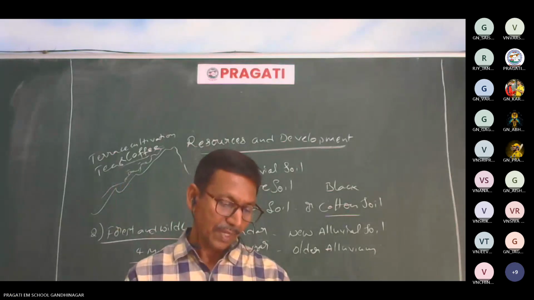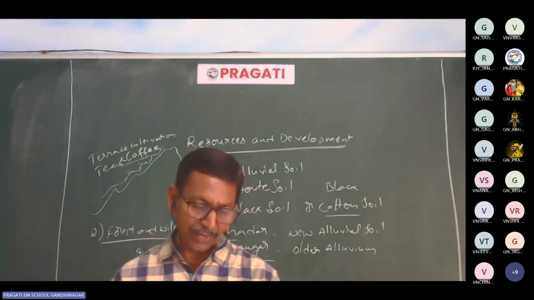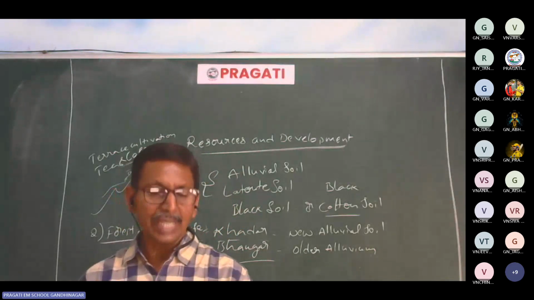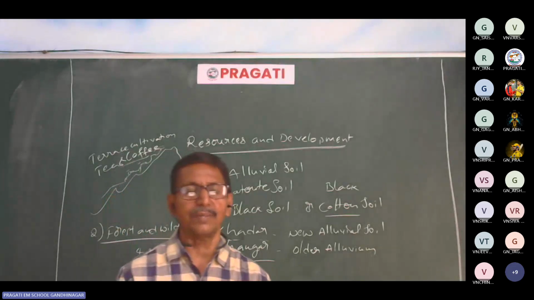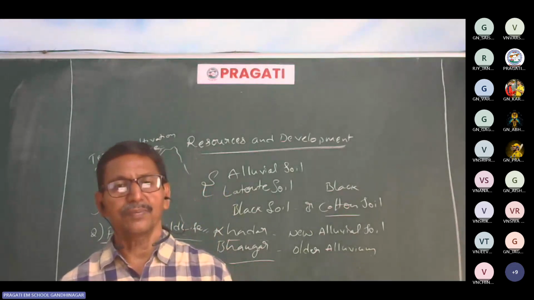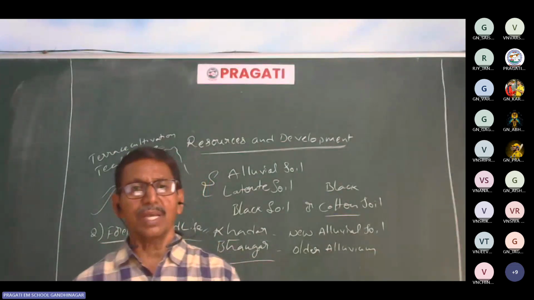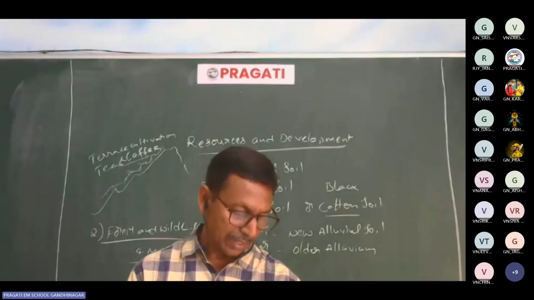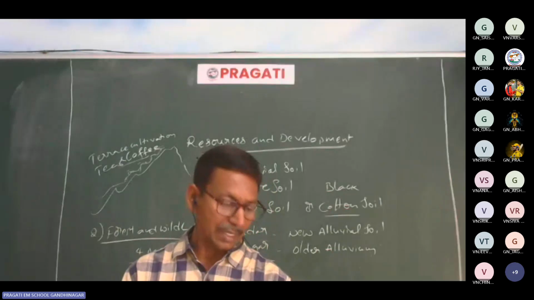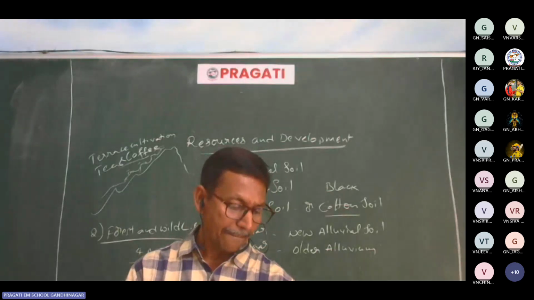The definitions you have to follow thoroughly, and the classification of forest areas. How are forests classified? Reserved forest, protected forest, as well as unclassified forest. How do we find reserved forest, etc.? Prepare thoroughly.